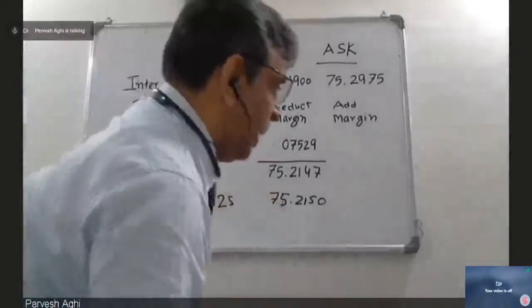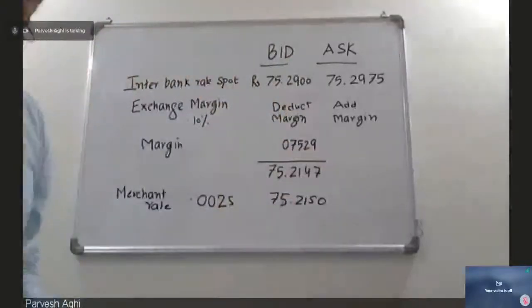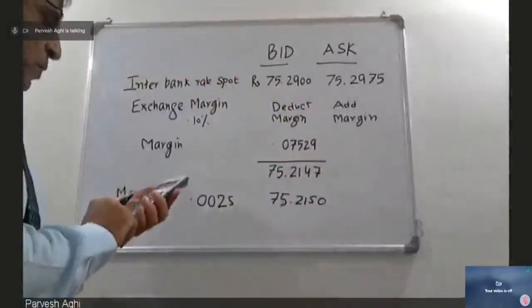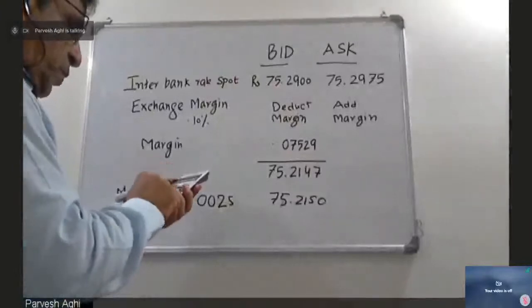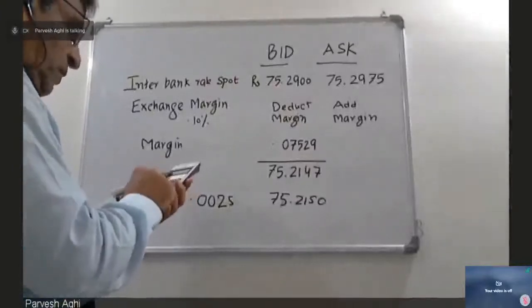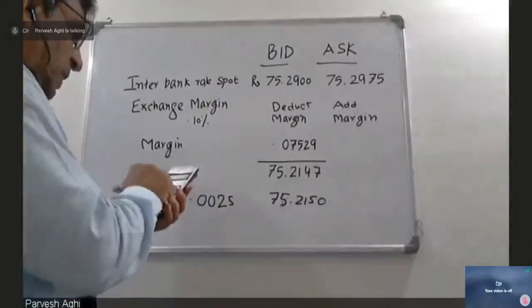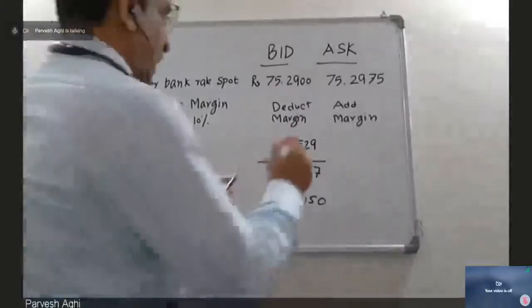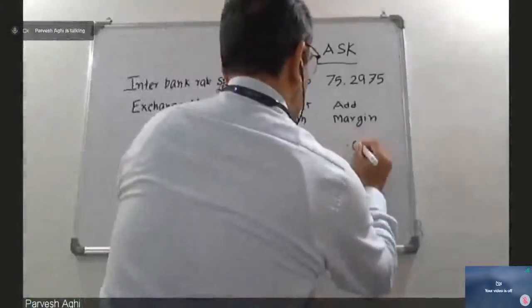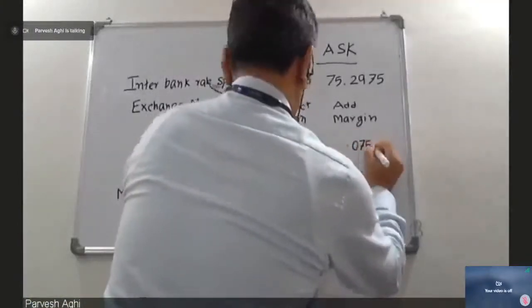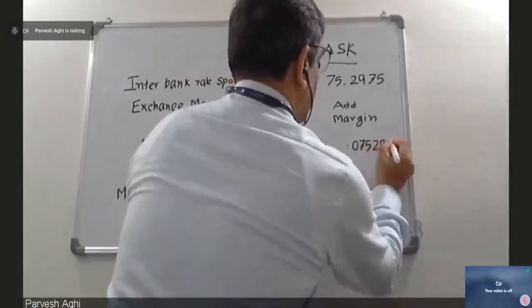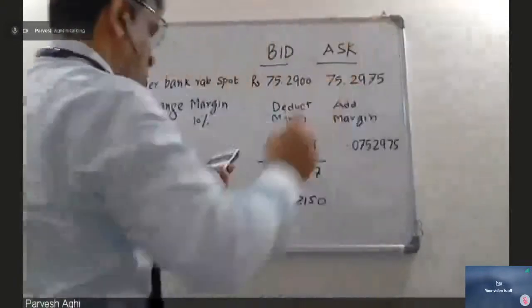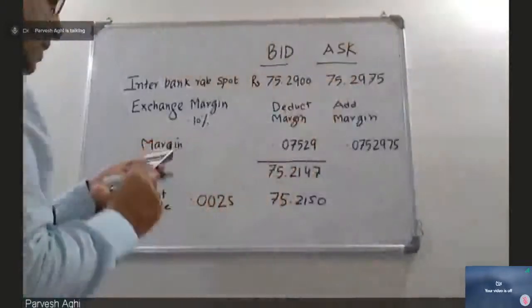Now I'm going to calculate here, adding the margin. 75.2975 into 0.1% comes to 0.0752975. I can just go on till the last decimal place and add.